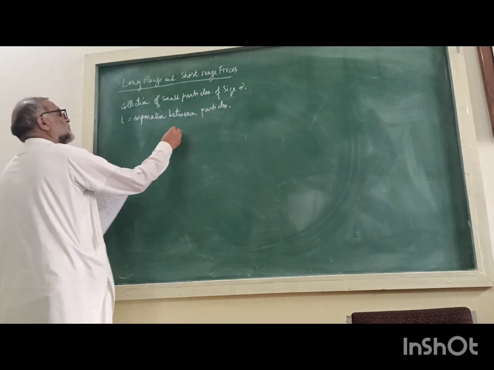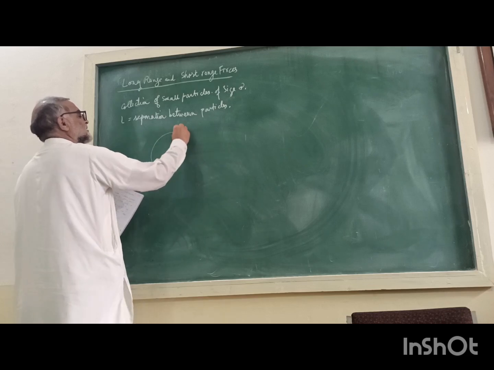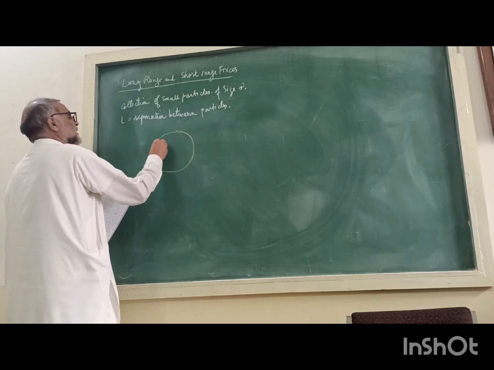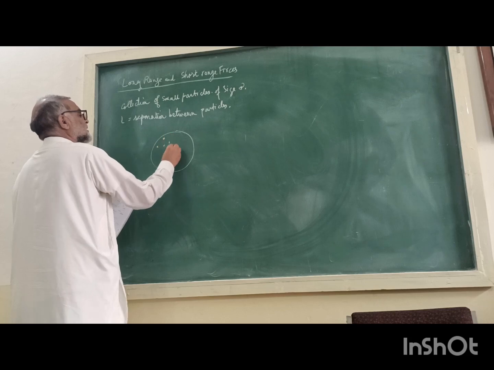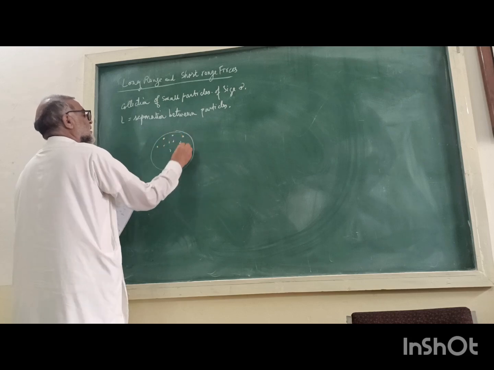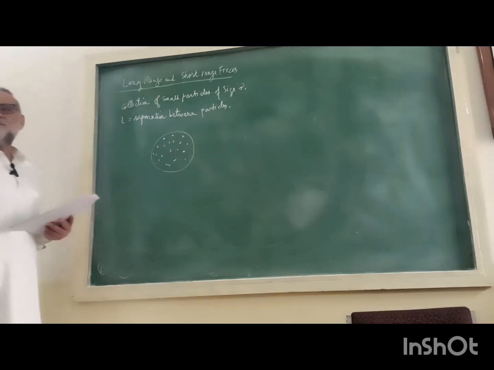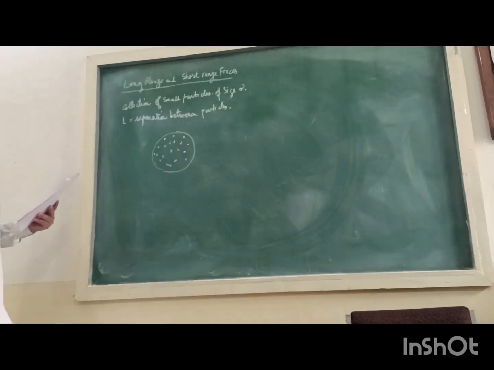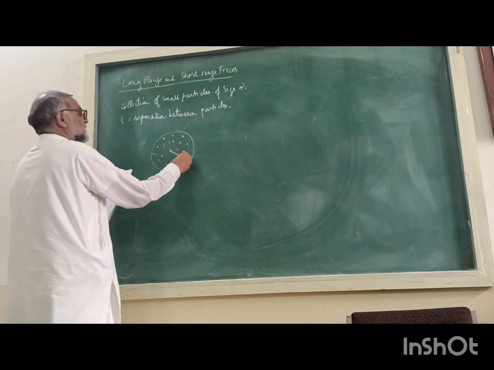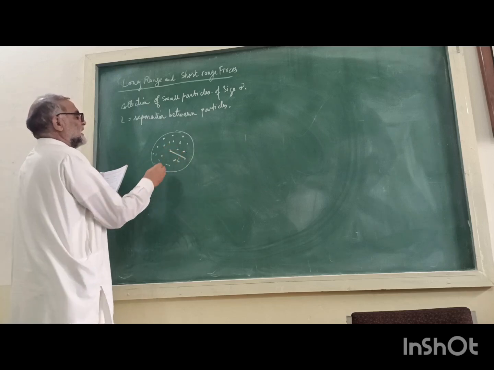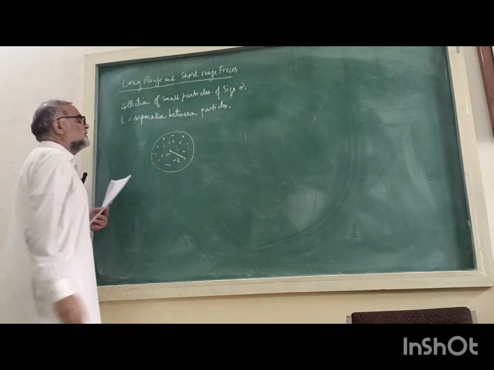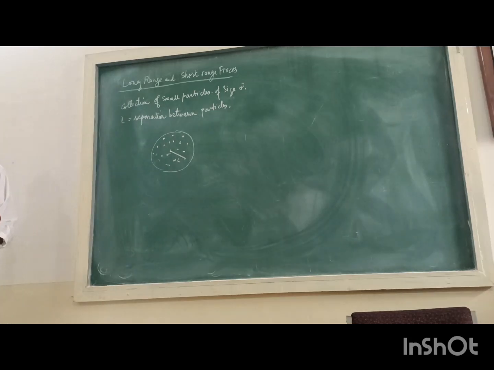Suppose you have something like this, small particles, and this is L, and the size of each particle is sigma.